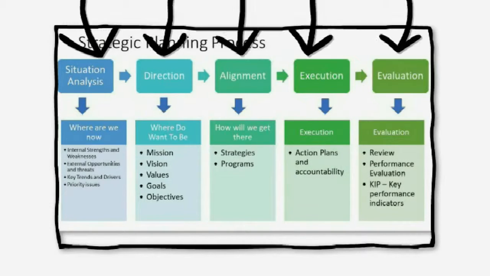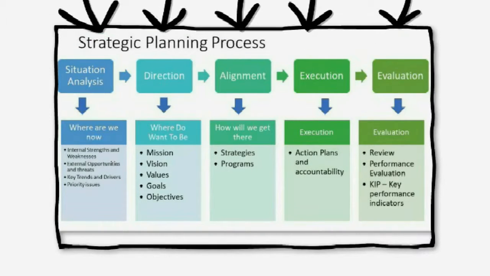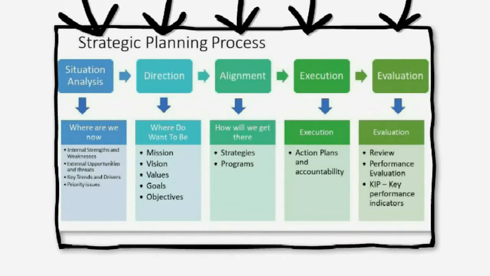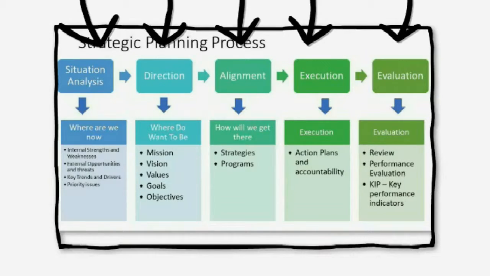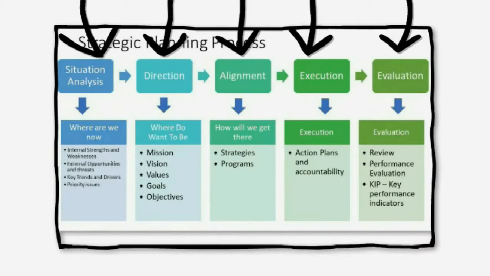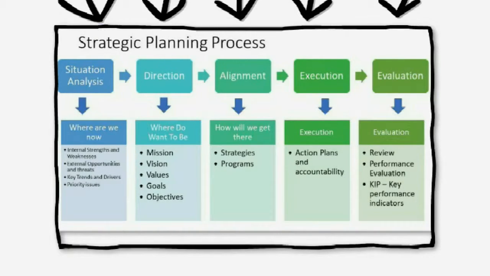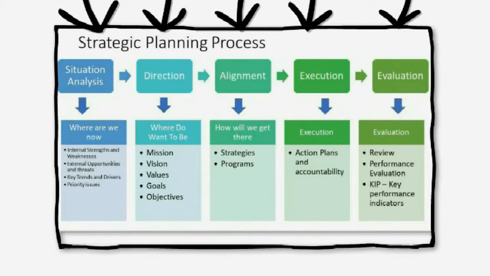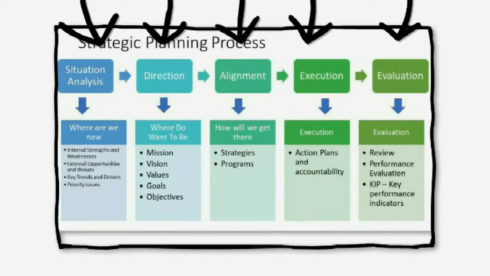Here we discuss how to move in the desired direction using strategies and programs. Next is execution. Here we use action plans and accountability. Last one is evaluation. Evaluation is done through reviews, performance evaluation and KPIs, key performance indicators.